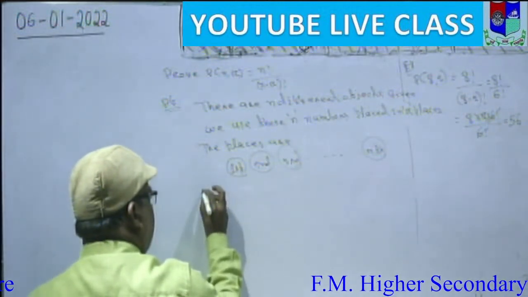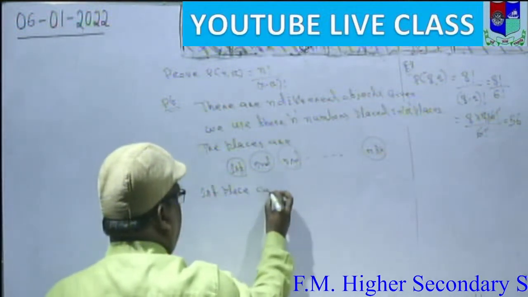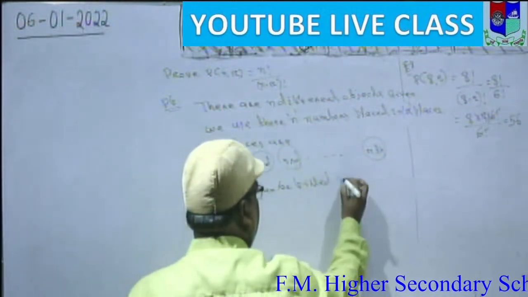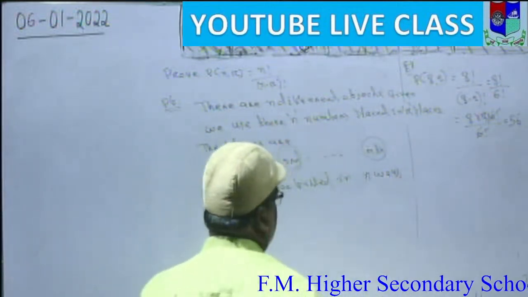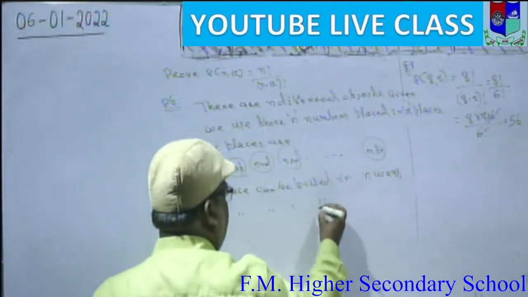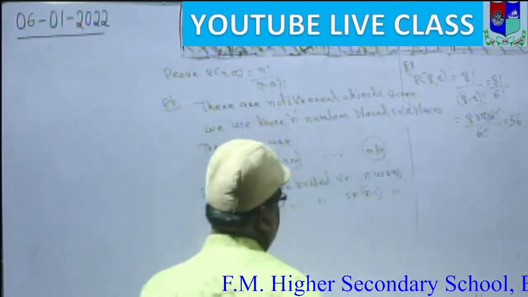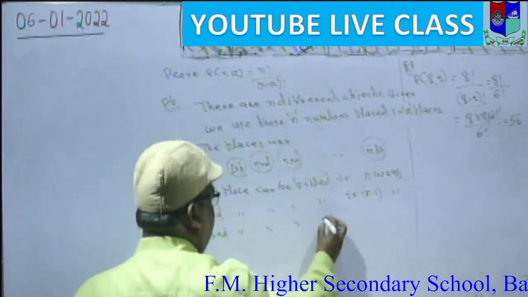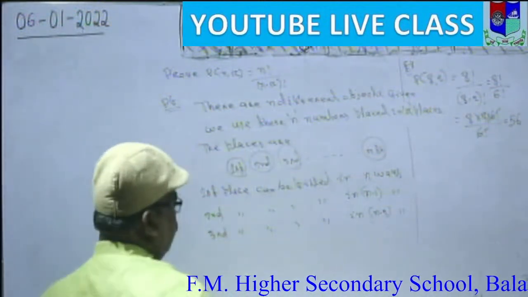So first place can be filled in n ways. Second place can be filled in n minus 1 ways. Third place can be filled in n minus 2 ways.